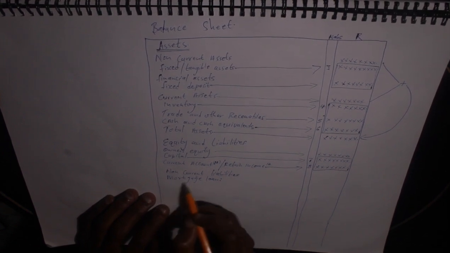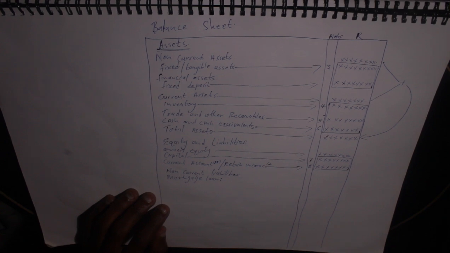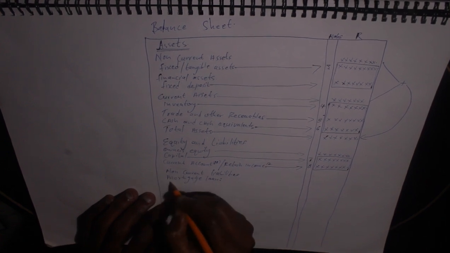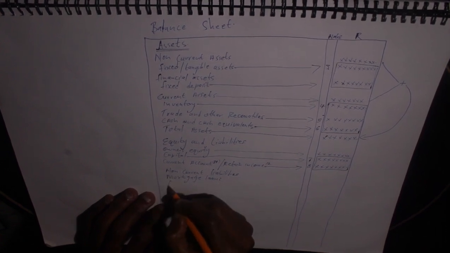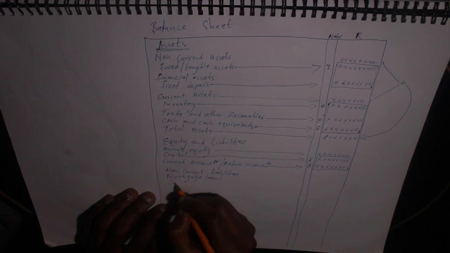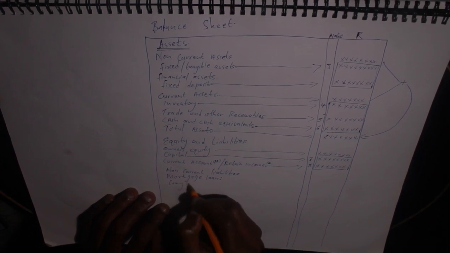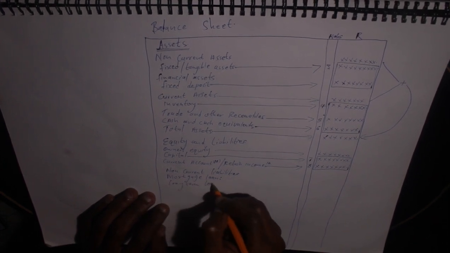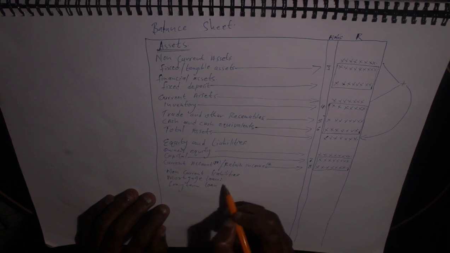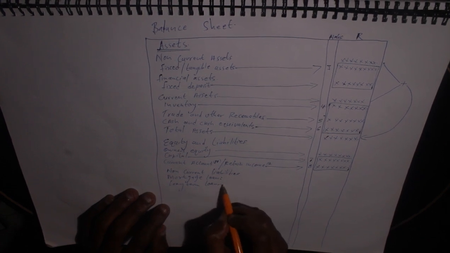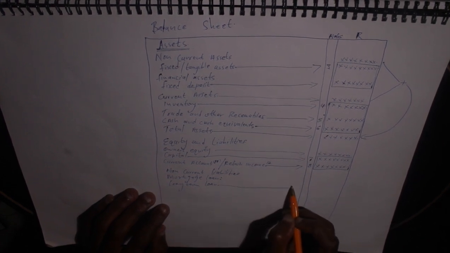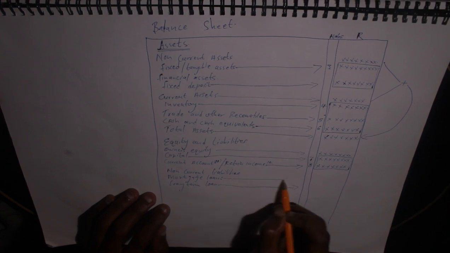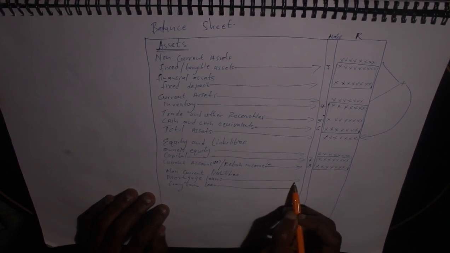Another example of a non-current liability, or of a long-term liability, it can be just a long-term loan. This is like a huge amount of loan that you take and you have to pay it back in a period of more than a year. That's a long-term loan.